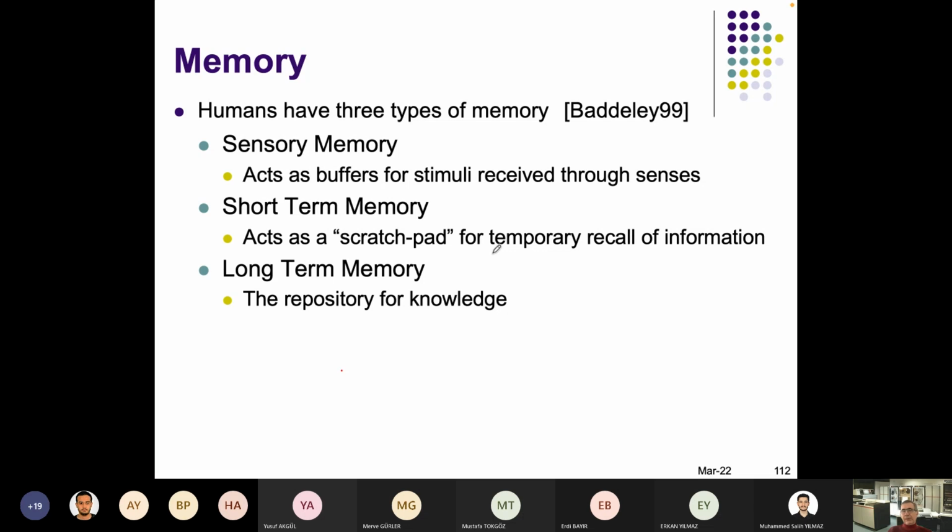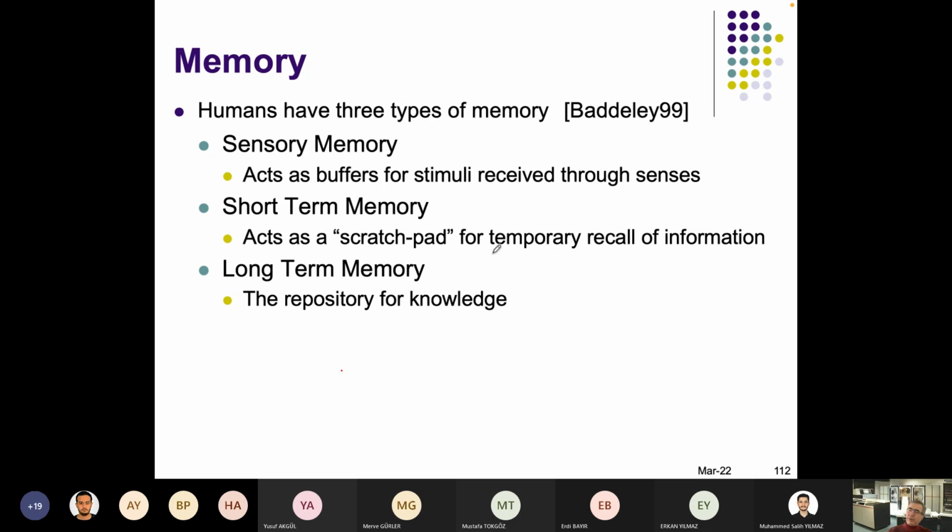Short-term memory is a scratch pad kind of memory, a cache-like memory to store rapid information. And the last one is the knowledge, which stays in the long-term memory.